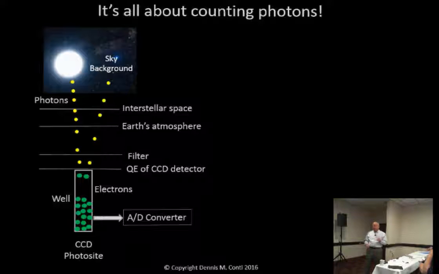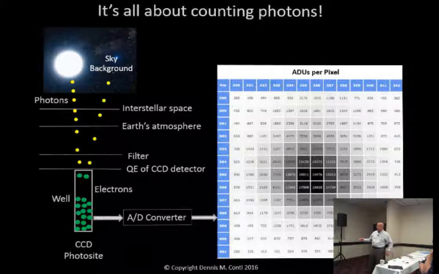We're not getting accurate measurements. So these go through an ADC converter, and lo and behold, we get pixels that represent the counts of electrons. Those counts are converted to units we call ADUs, analog digital units.